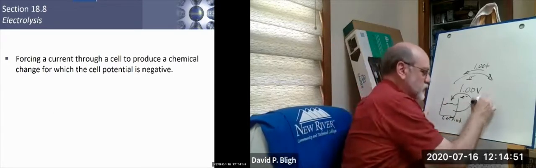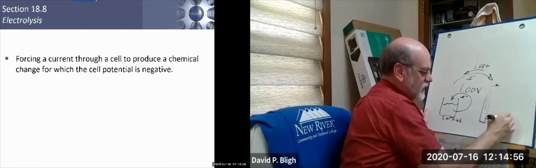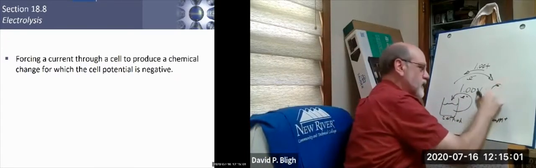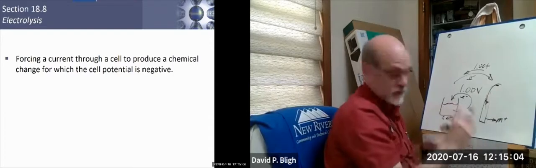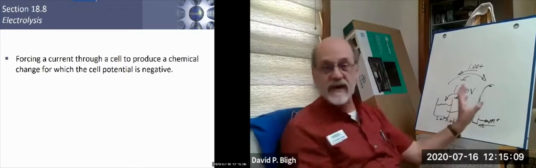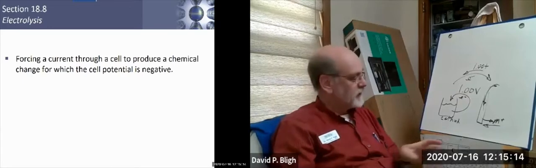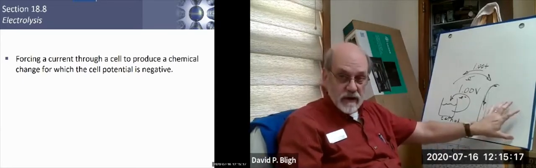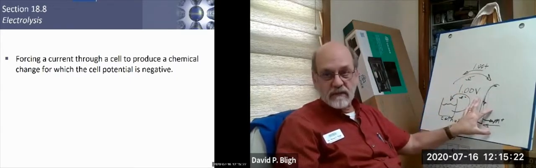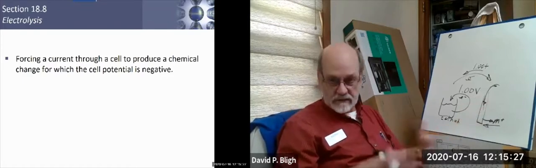Well, normally what you would see is electrons moving that way and metal ions going into solution. But if we run the electrons in reverse with sufficient voltage, then we get the metal moving back and deposited on the surface. Okay, so that's how you do an electrolytic plating. You take metal ions from the solution, plate them on the surface of the metal. It doesn't have to be the same metal. And that's how you plate.